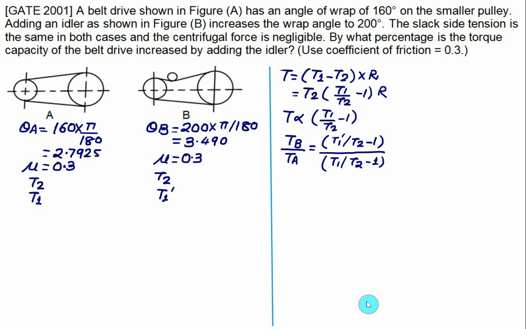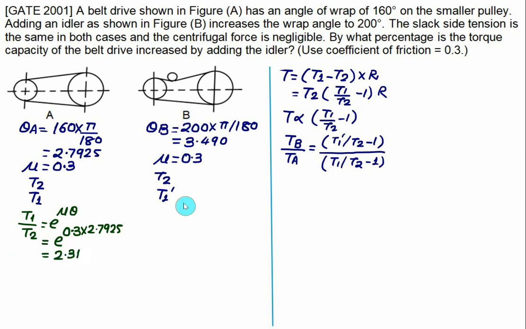So we need to calculate the value of T1 prime by T2 and T1 by T2. T1 by T2 is the same as e to the power mu theta, which is e to the power of mu equal to 0.3 and theta equal to 2.7925. So in the first case I get the ratio T1 by T2 equal to 2.31.